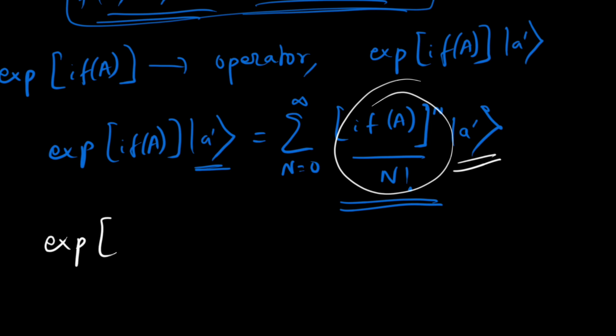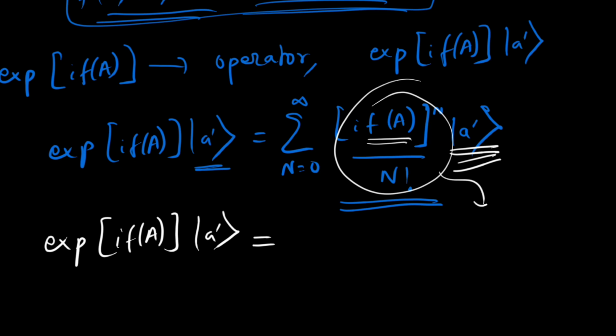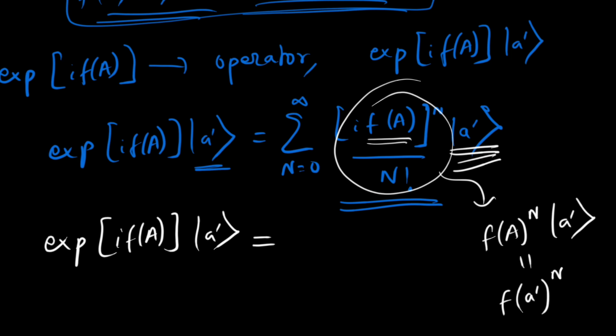So we get exponential of i f of A on a prime equals, just consider this part: f of A to the n, if it just acts on a prime, we'll get f of a prime to the n, a prime, right? We just proved it above.